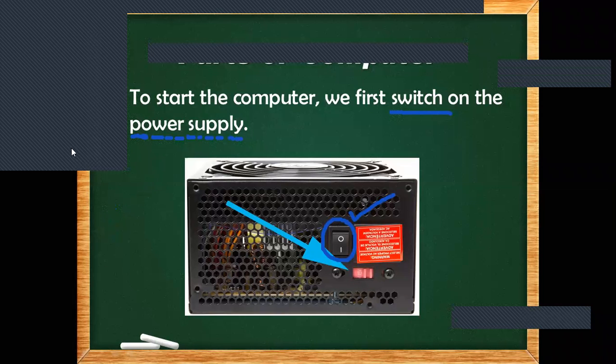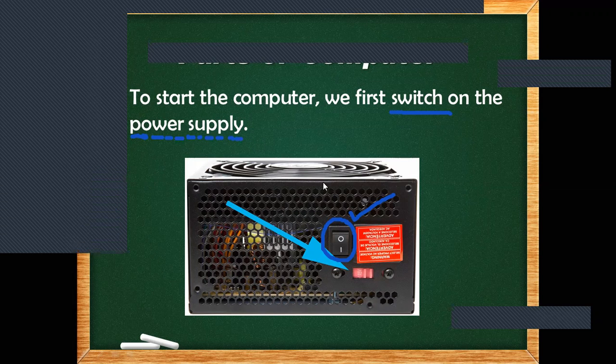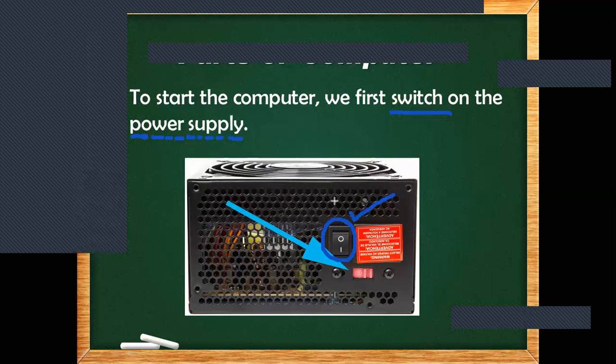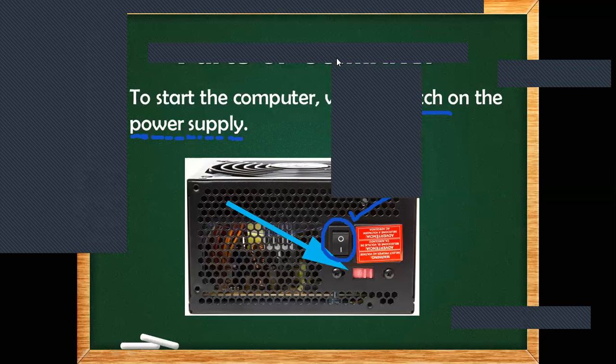Okay, can we run a computer without electricity? Is this possible? No, without electricity it is not possible. When the switch of the computer is off, the computer will not run because there is no electricity.